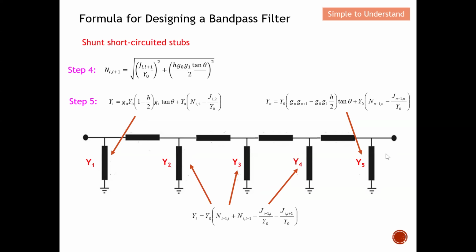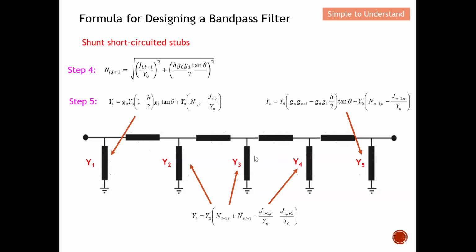Okay, one thing before I continue the discussion. For filter design, most of the time we actually want to design it symmetric. Which means that if, let's say, we put a mirror over here, what I can conclude is this and this will be equal, this and this will be equal: Y1 and Y5 will be equal, Y2 and Y4 will be equal, and Y3 you need to calculate separately.